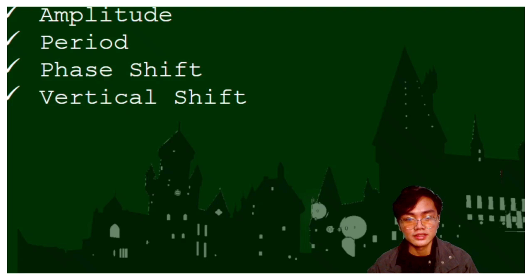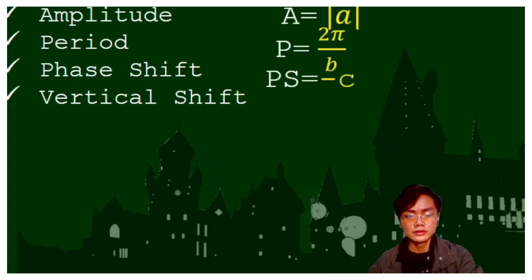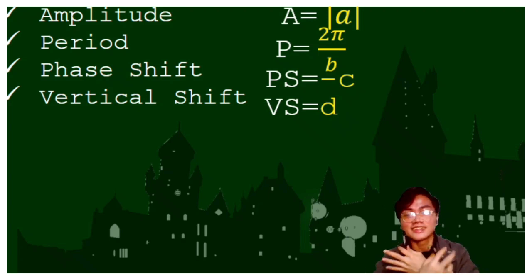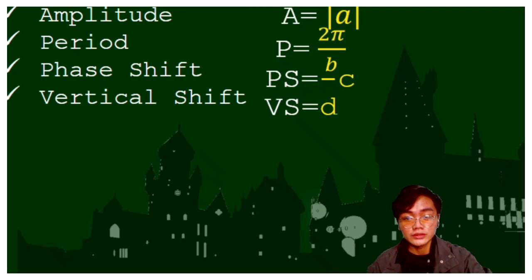Now, for the next curse, it's called the Cruciatus curse. Crucio! Wow, magic! Now, in order to find the amplitude, we are going to apply the formula A equals the absolute value of a.